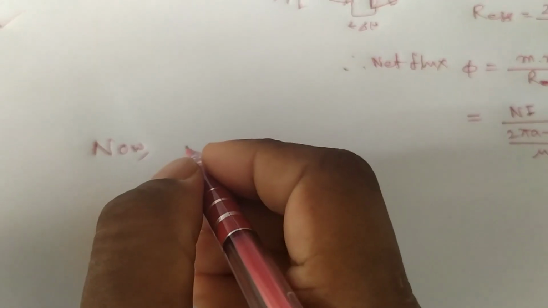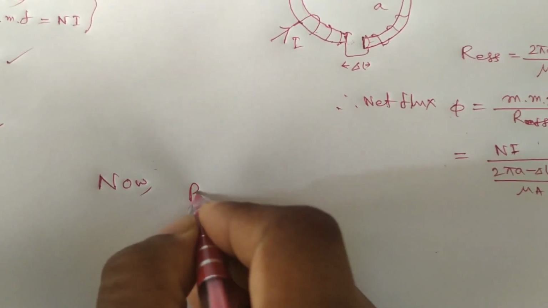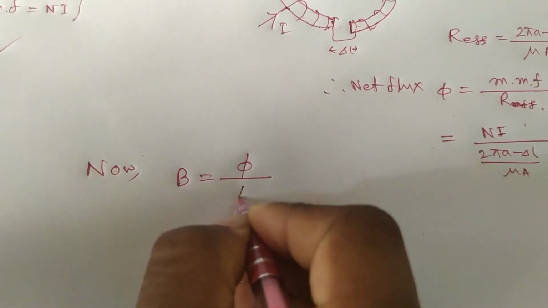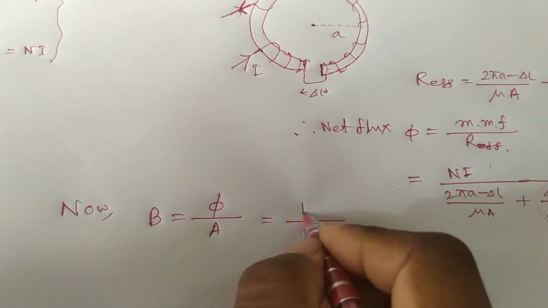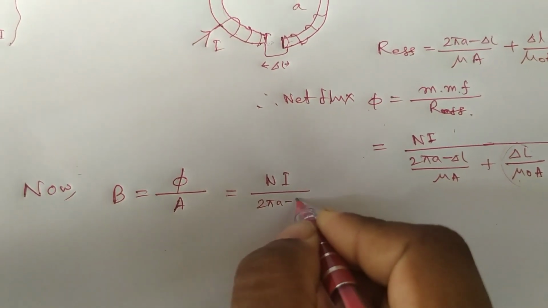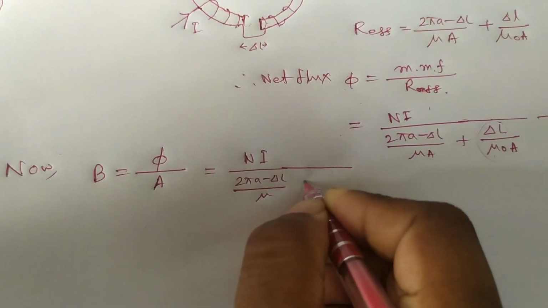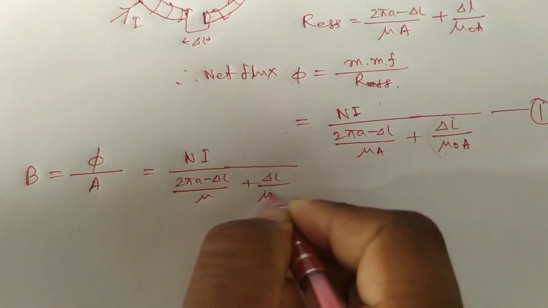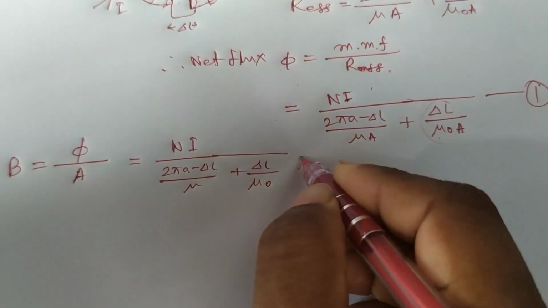Now the value of B can be written as phi by A. And what is phi by A? It will be N i by (2 pi a minus delta L) by mu plus delta L by mu 0. You can write this as expression number 2.